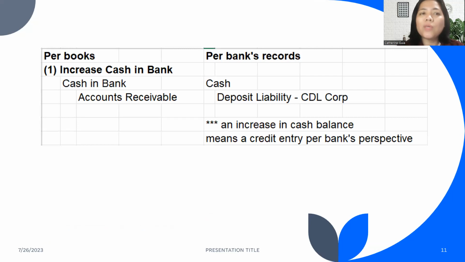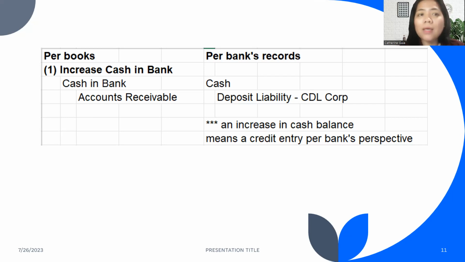Remember that when we increase our cash in bank, per books we debit cash and we credit accounts receivable. However, per bank, it debits cash and it credits deposit liability to the account of the depositor. So at times you will hear that your account will be credited.